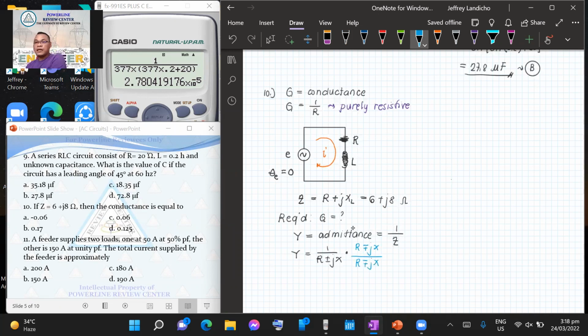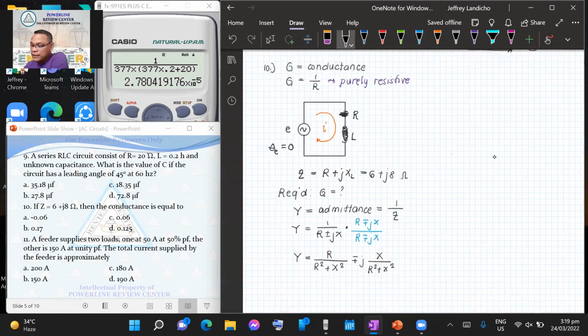So, pag sinabi natin i-rationalize, kailangan wala tayong imaginary dyan sa baba. So, you have to rationalize this given equation. So, anong lalabas dyan? Pag sinimplify natin admittance, pag pinagsama-sama natin yung real number, R over R squared plus net reactance squared, minus or plus, okay? You have j reactance over R squared plus reactance squared.